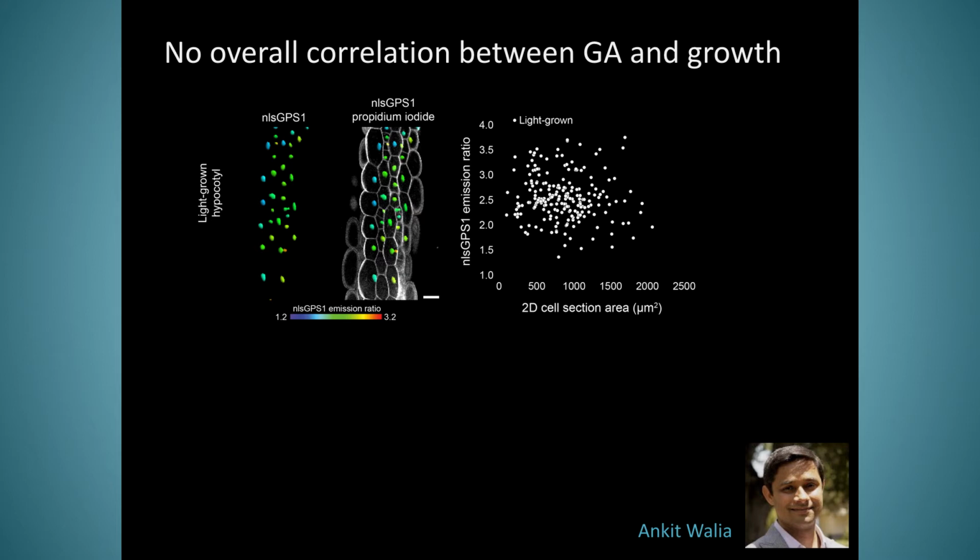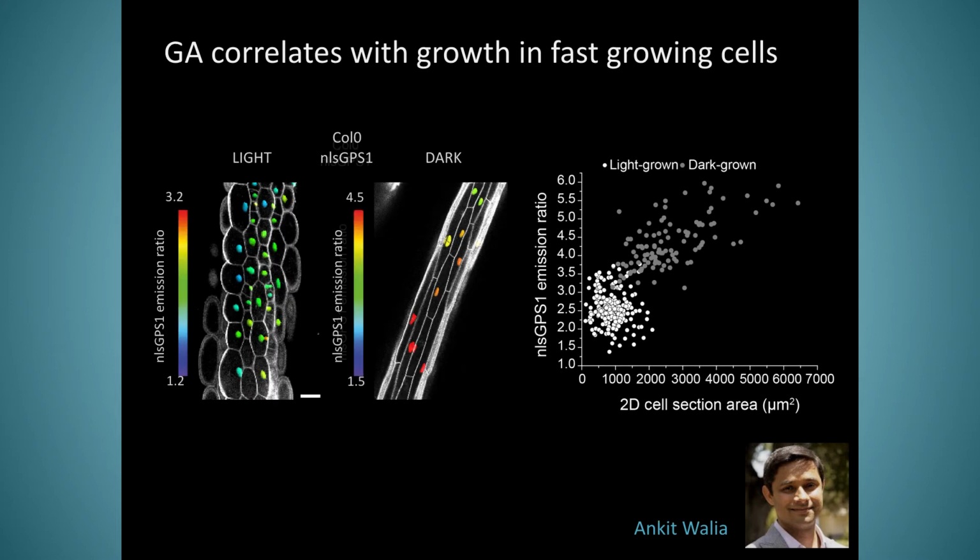But then there's that other situation, that dark-grown seedling, where GA is very much required for that dramatic elongation of the hypocotyl. Are GA accumulation or GPS1 ratios correlated with growth there? And the answer here is yes. As you take a dark-grown seedling and look at the spread of different cell section areas, the larger cells do tend to have higher GPS1 emission ratios than smaller cells.